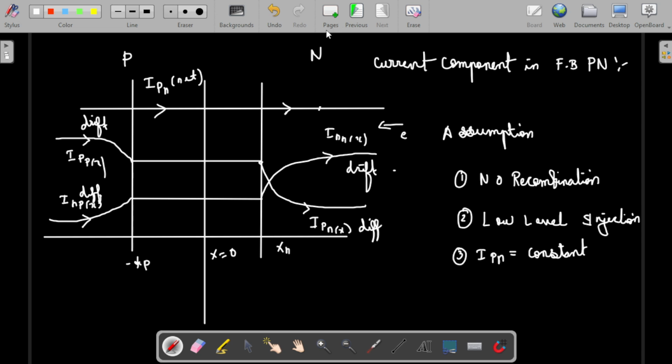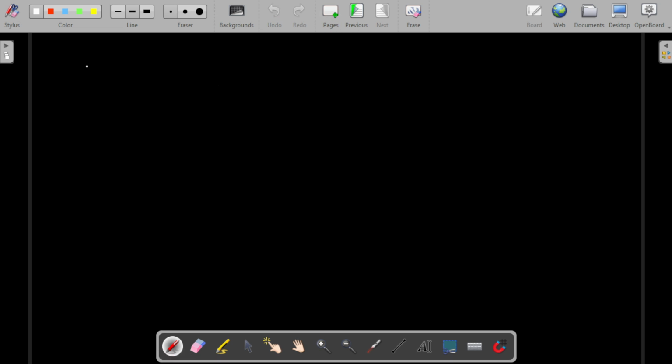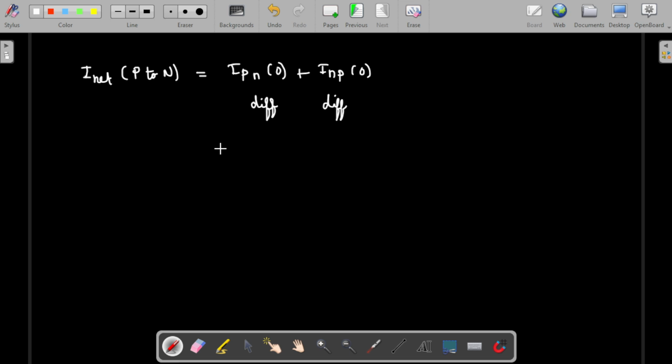So let me start the derivation now. This derivation will be important, so in your college examinations also you will have it. So I net, which is P to n, will be equal to IPN naught plus INP naught. Both are because of diffusion, because these are minority charge carriers.